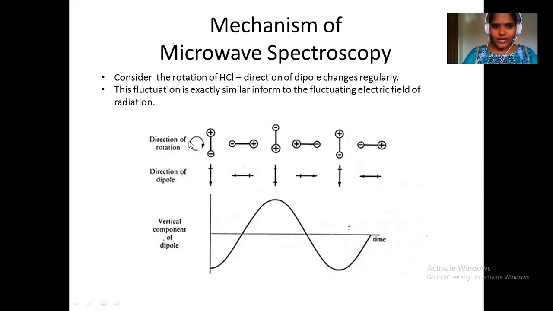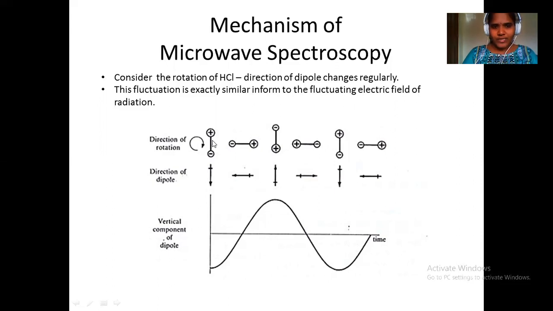If the direction of rotation is clockwise, and the dipole is a vector quantity, it has magnitude and direction, here directed downward towards the negative charge. So if I plot a graph of the vertical component of the dipole with time, we are considering the rotation of an HCl molecule.